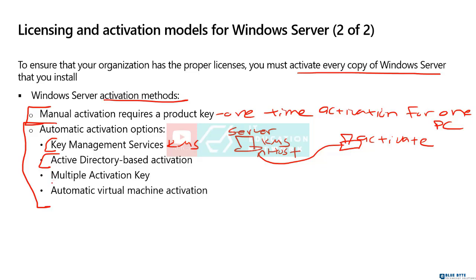We also have a newer option, Active Directory-based activation. Now, this is very similar to KMS. The only difference is your KMS host you have here, that server would run Active Directory. So that server just will be a domain controller in your environment. All that happens when you join a client computer to your domain, that computer will activate.